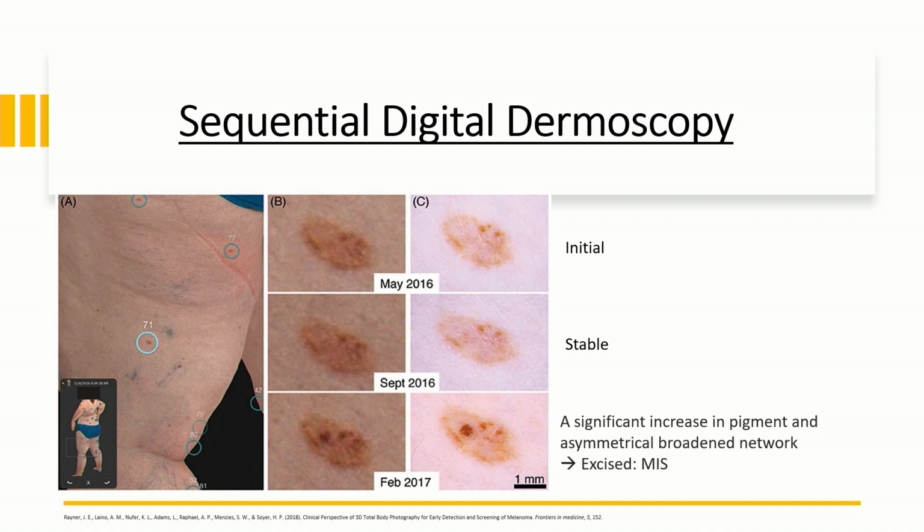Then the patient was seen again in February 2017, and it has obviously changed. With this kind of thing, normally we worry and say, okay, let's excise. We don't want to monitor it anymore. We want to take it out because it's evolved. You can see there is an increase in pigment. When it was excised, it was melanoma in situ. That's good, because melanoma in situ, an early stage of melanoma, is the goal.